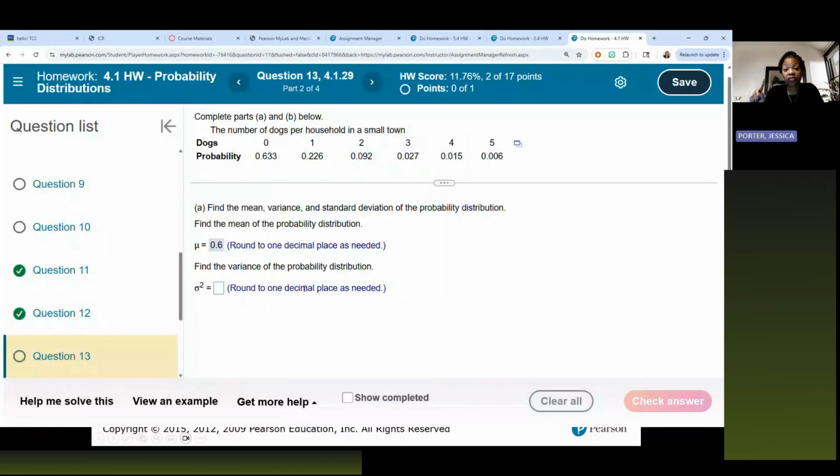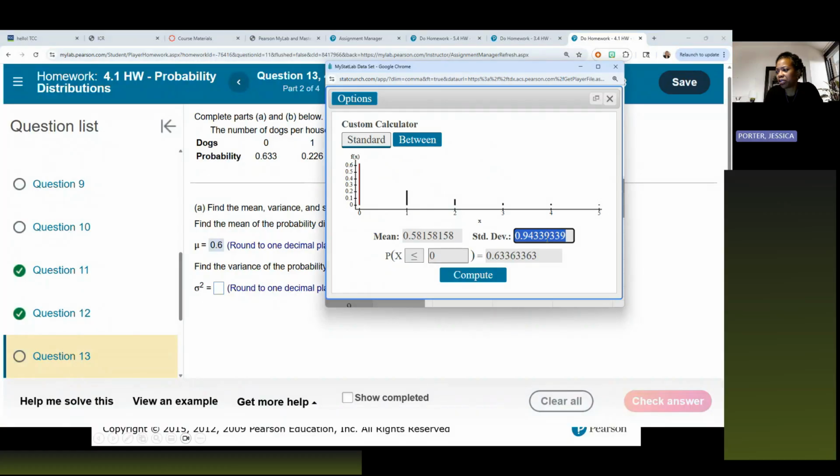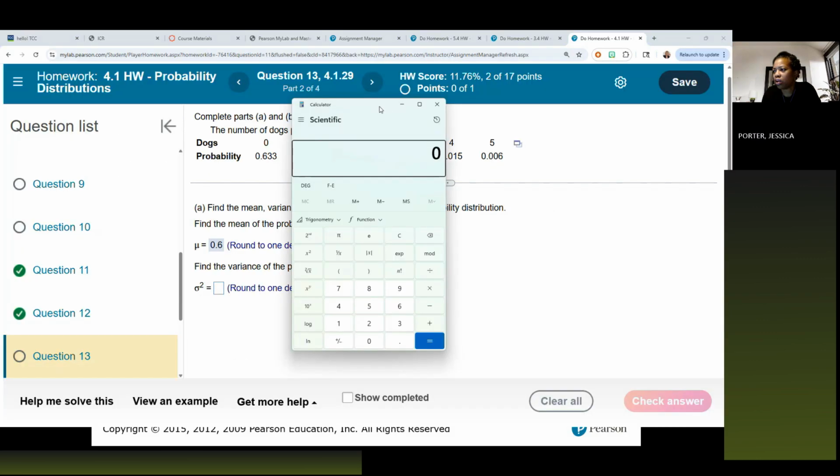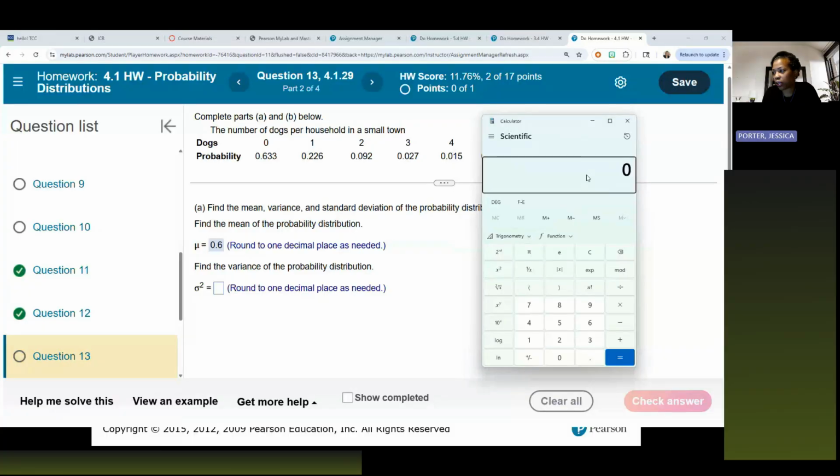And then they're asking for the variance. Here's what I need to do. I need to take this variance and, do I have my calculator? Let me pull up the other calculator. All right, I had copied in this number. This is the standard deviation. So in order to get from here to the variance, I have to square this, because the standard deviation is the square root of the variance.